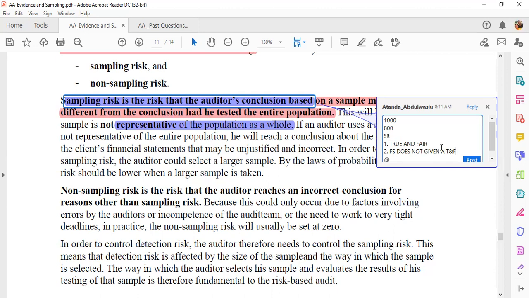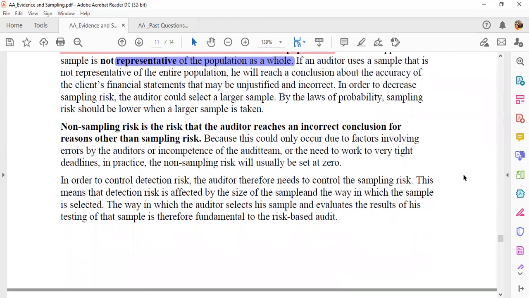So sampling risk leads to these two types of wrong conclusion. The only way we can reduce sampling risk is by doing more work and increasing our sample size. But we are still not going to check the entire population.